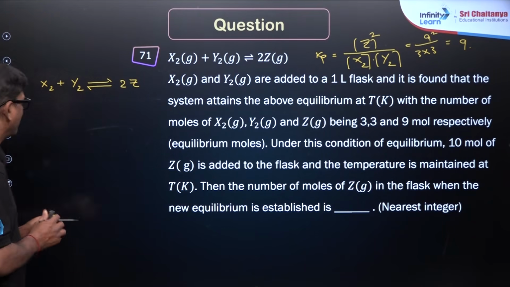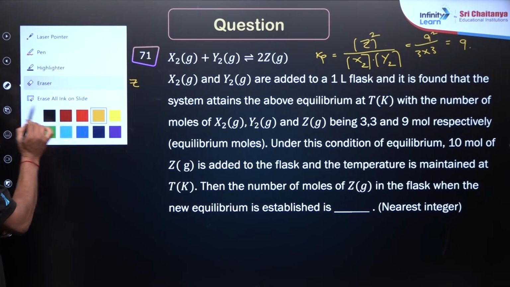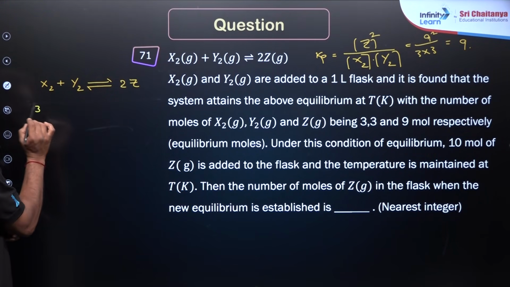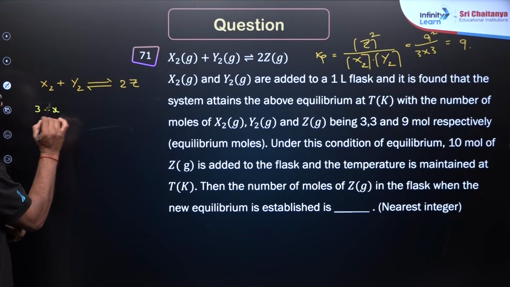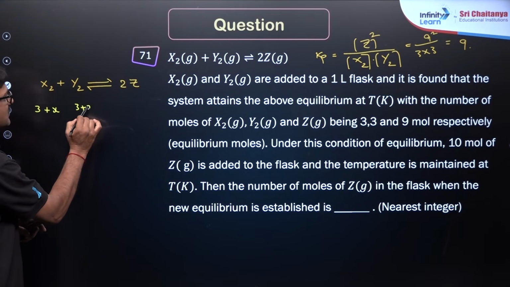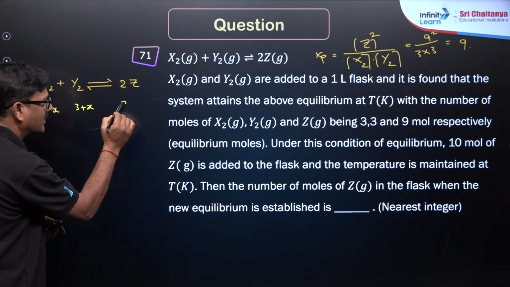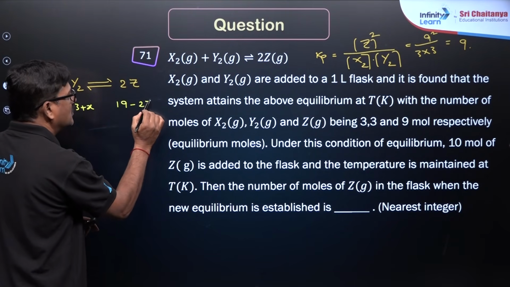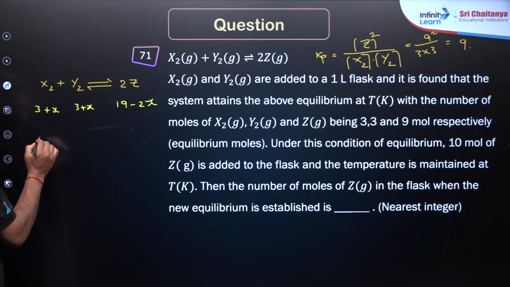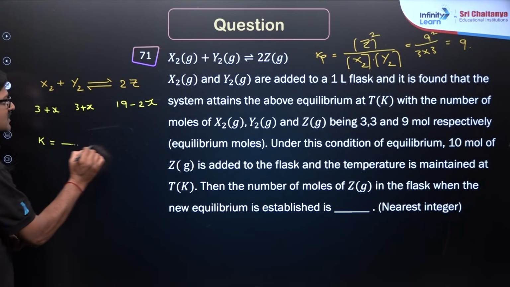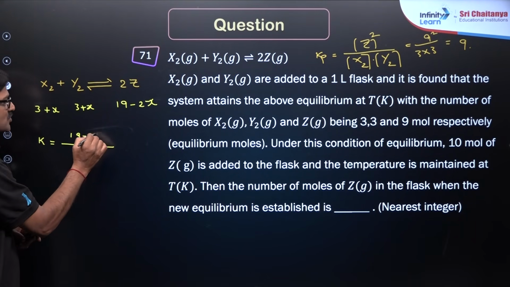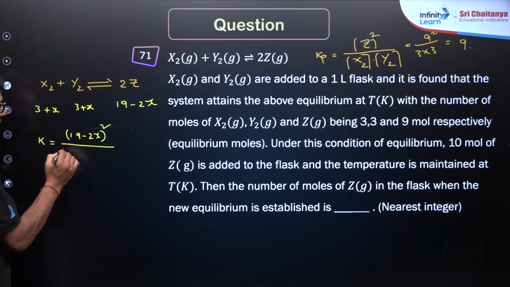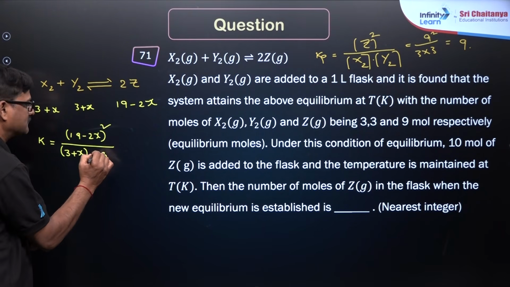So what will happen: initially 3 was there, if X is added here, 3 plus X, and initially 9 was there and if you add 10 it will become 19 minus 2X. So if you write the equilibrium constant, it is going to be (19 minus 2X) square upon (3 plus X) and (3 plus X).